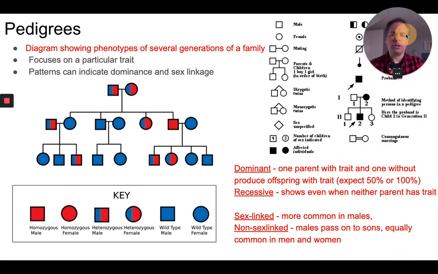So when we trace a family through a pedigree, it can help us to distinguish sort of the inheritance pattern of a trait. For example, when one parent has the trait, the other parent does not have the trait, okay, and all of the offspring are showing the dominant phenotype, then that can tell us about the inheritance of that pattern.